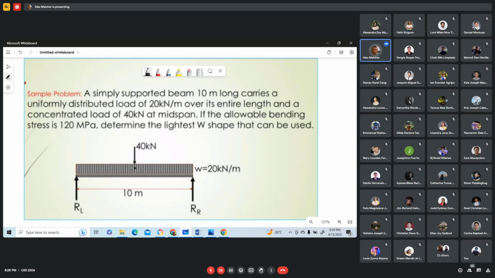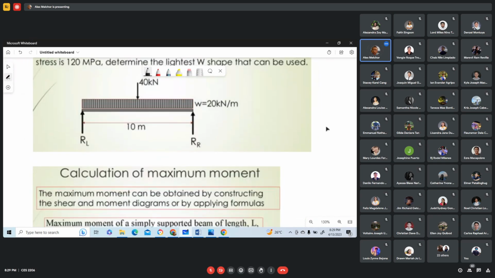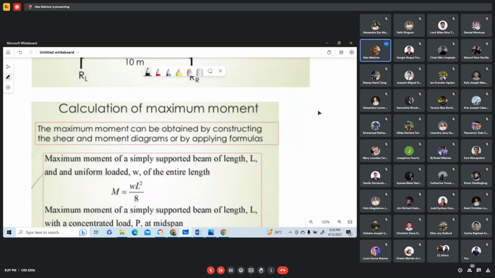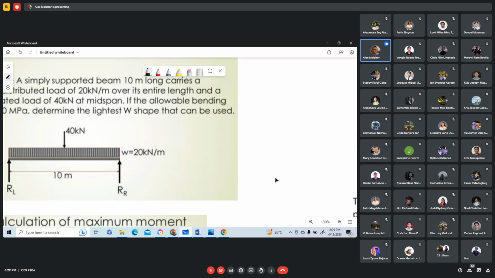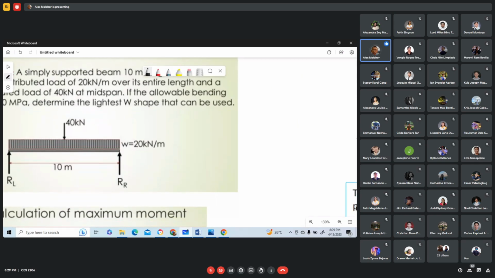Since the loading is symmetrical, the left reaction must be equal to the right reaction. It will be equal to 1/2 of the total load. So what's the total load? It will be solving for the total load.